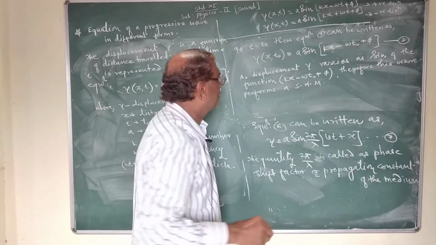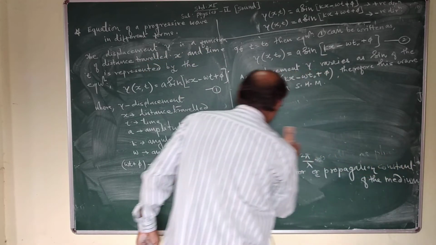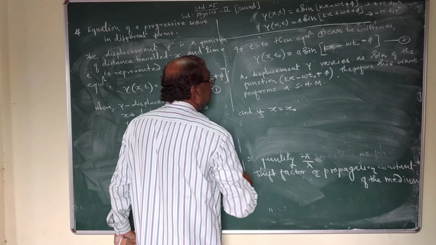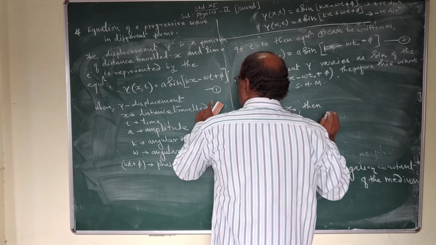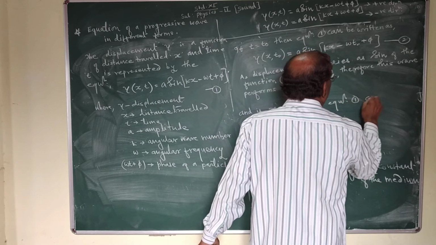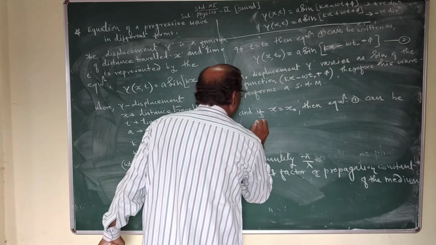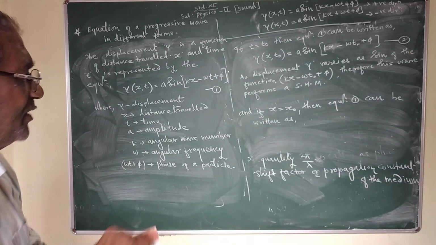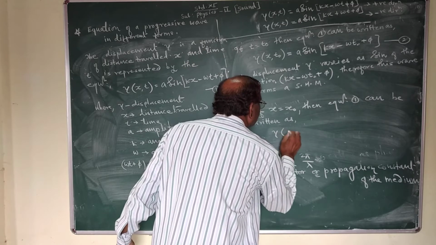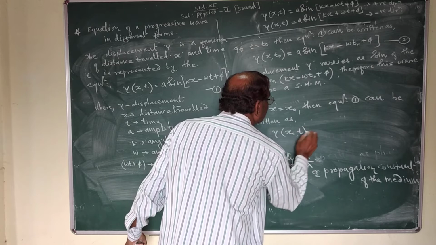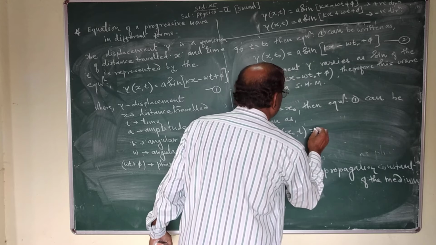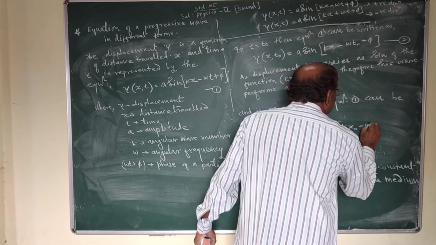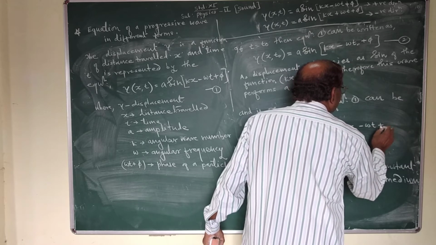Now if x is equal to x0, then equation 1 can be written as y(x0, t) is equal to a sin(k x0 minus omega t plus phi).